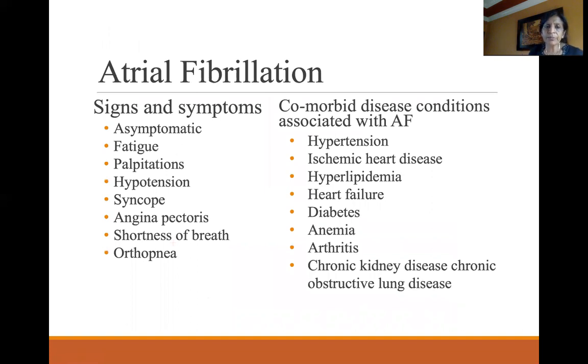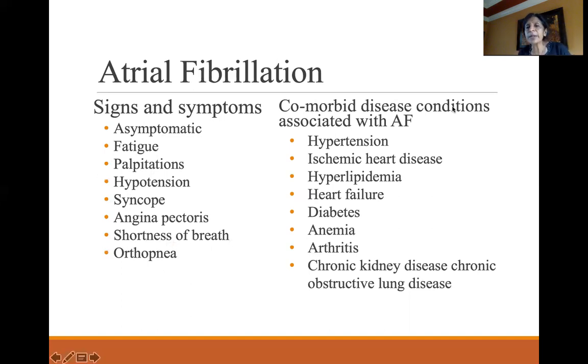So signs and symptoms of atrial fibrillation, again, asymptomatic, fatigue, palpitations could be another sign. Hypotension because of blood not getting through, syncope, angina pectoris, shortness of breath, orthopnea, all of that because of the blood not being ejected in a regular pattern.